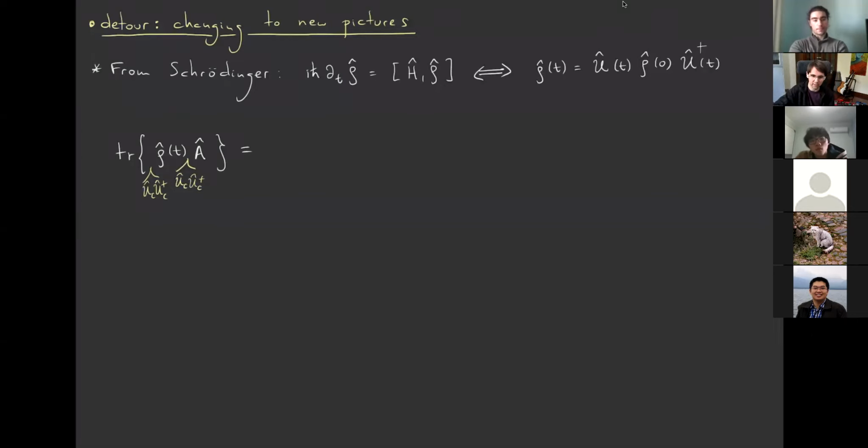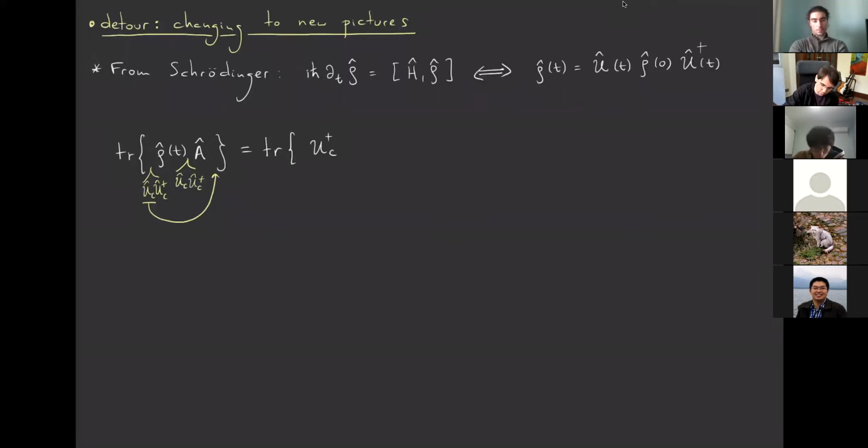If I put the unitary there, I am doing nothing because U U dagger is just the identity. But using the cyclic property of the trace, I can bring this U to the other side, and then I get this expression here that is very suggestive.